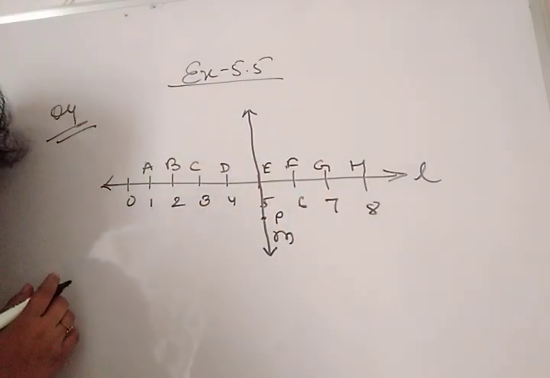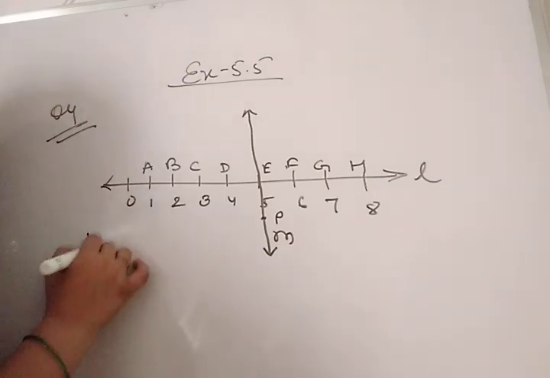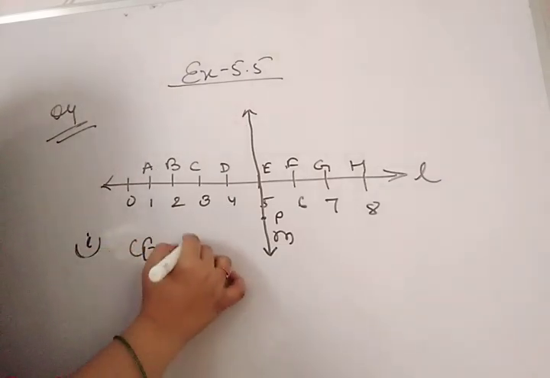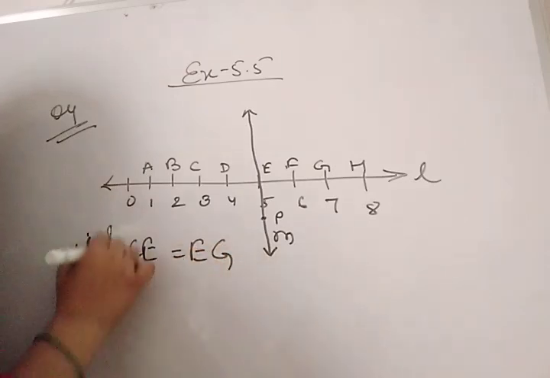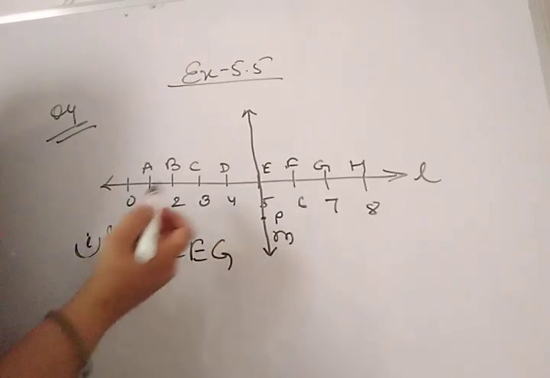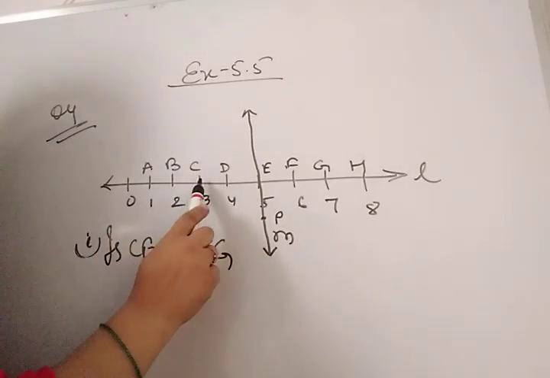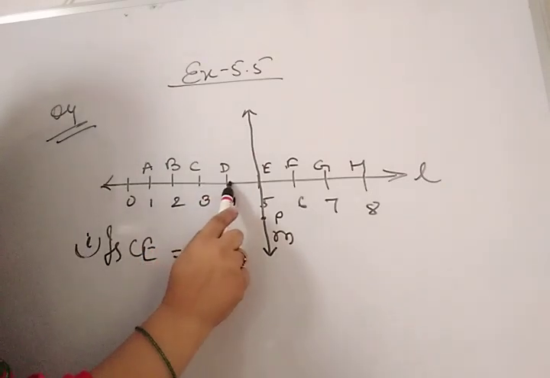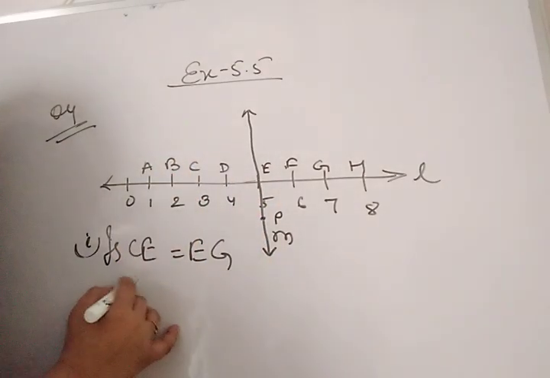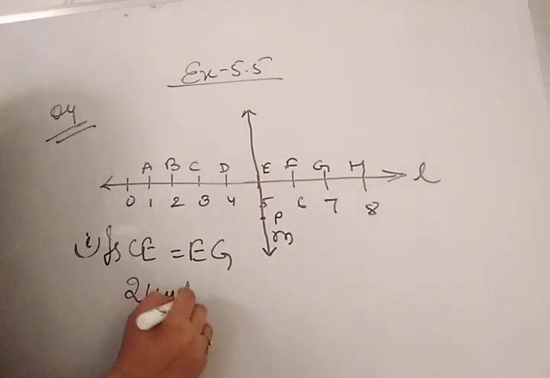So the first question is, is CE equal to EG? So first we will find out the length of CE. This is 1 unit and this is 2 units. So the length of CE is 2 units.